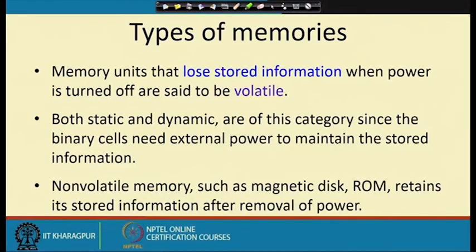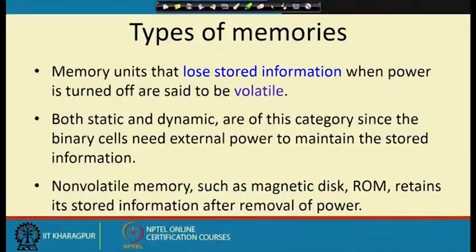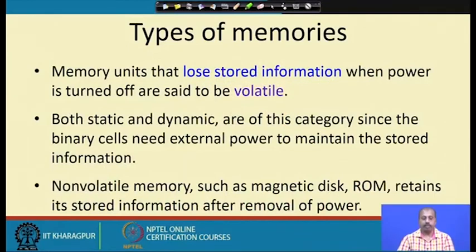Memory units that lose stored information when power is turned off are said to be volatile. All these chips, static RAM or dynamic RAM that I am talking about, if the power is turned off, then the content is lost. So, this type of memory is known as volatile memory. Both static and dynamic are of this category, since the binary cells need external power to maintain the stored information.